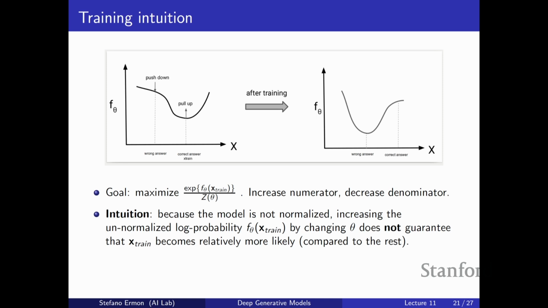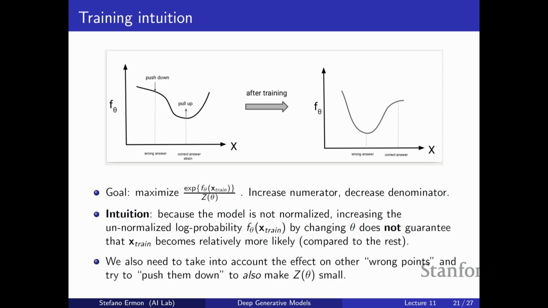So what really matters is the relative probability of the training point you care about with respect to all the other things that could happen, which is what you get in the denominator, which is looking at the total unnormalized probability of all the other things that could have happened.